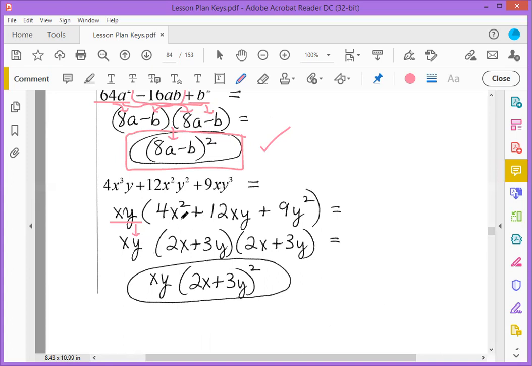And now we're going to factor that first term, that 4x squared, using 2x and 2x. And then we're going to factor that last term, the 9y squared, using 3y and 3y. Now, the 2x plus 3y, we see that duplicated. So we can rewrite that as 2x plus 3y raised to the second power and carry down your xy in front of that term.